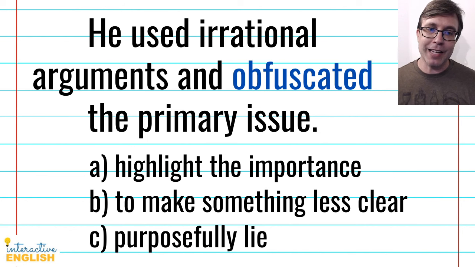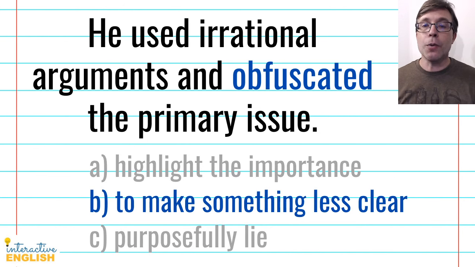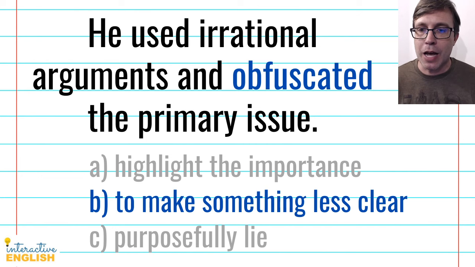The correct answer is B. To obfuscate means to make something less clear, and I'll go ahead and add something else. You could say you are trying to make it more difficult to understand. To give you an example, I think of perhaps politicians.